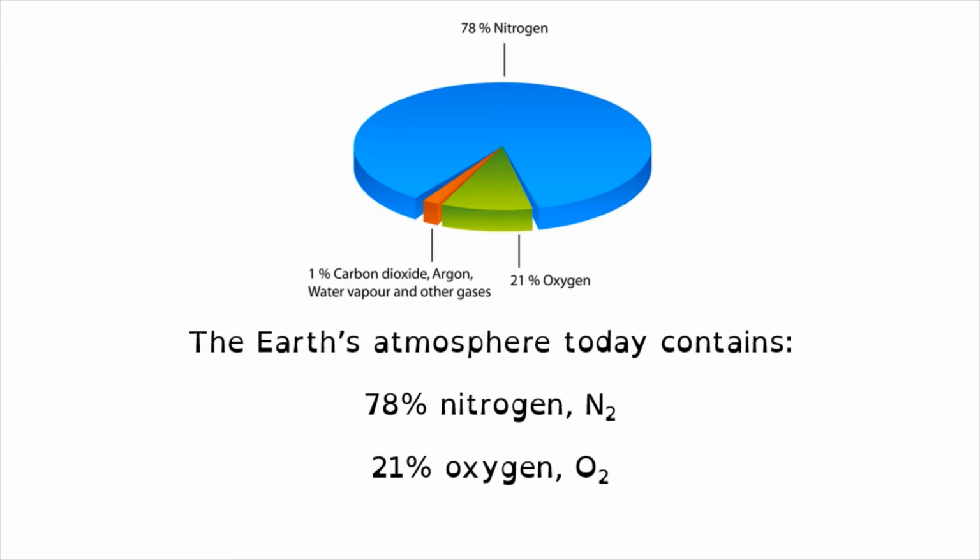Now we said about 20%, but to be more precise, it's 21% of air, the atmosphere at the Earth's surface, is oxygen gas. And that leaves us with 1% being other gases. You can see from the pie chart that we've got carbon dioxide, argon, which is a noble gas, water vapour, and other gases as well.